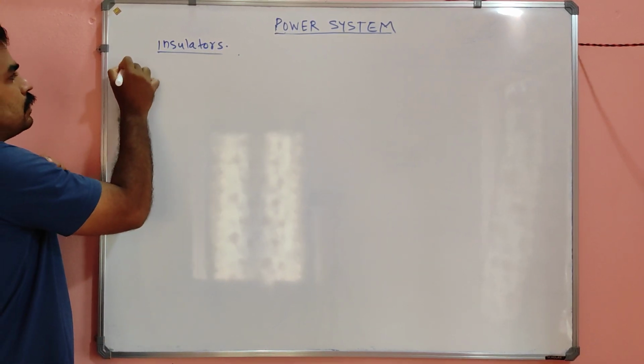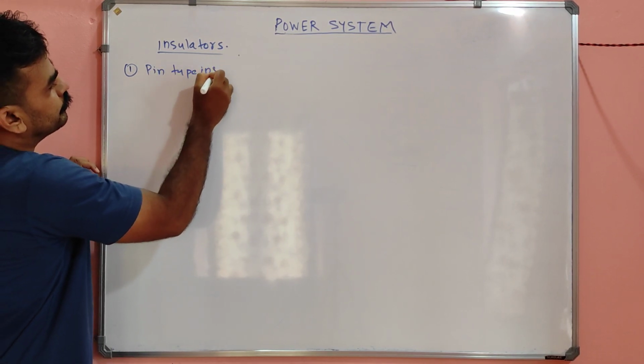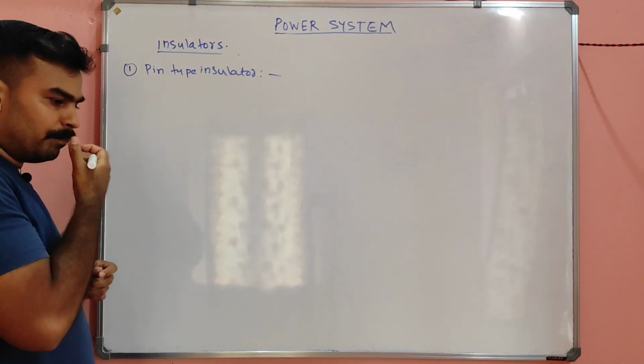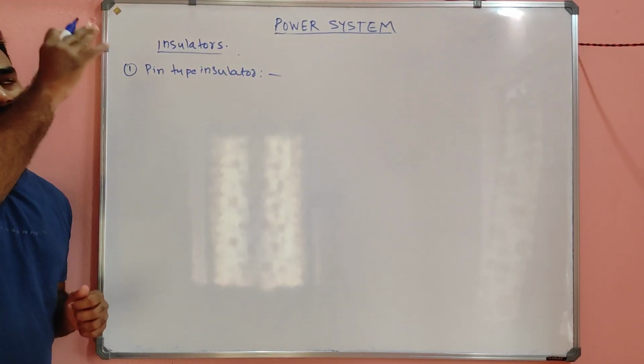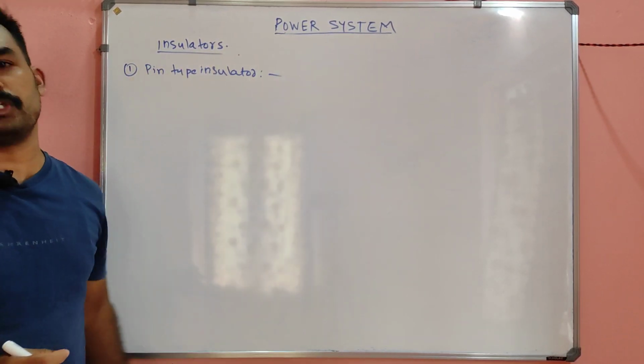First of all, let's see the pin type insulator. Actually, this is a very common type of insulator that we have seen in distribution lines, not transmission, it is a distribution line.